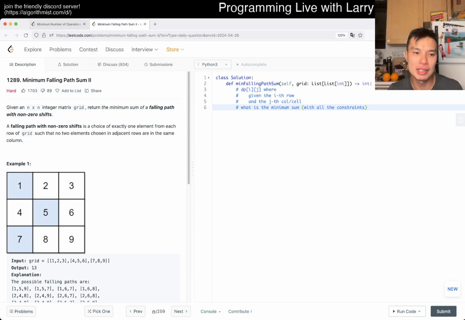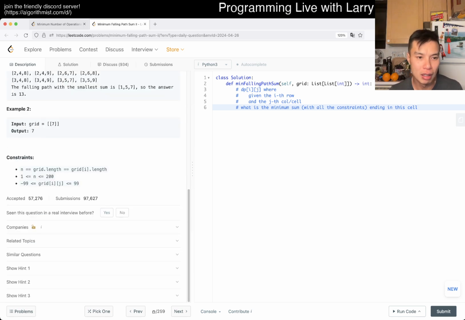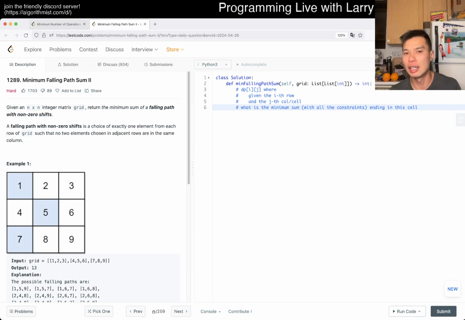What is the minimum sum ending in this cell, right? And this is a very basic dynamic programming, and I don't mean to say it in a harsh way. Definitely try to solve it in this way.